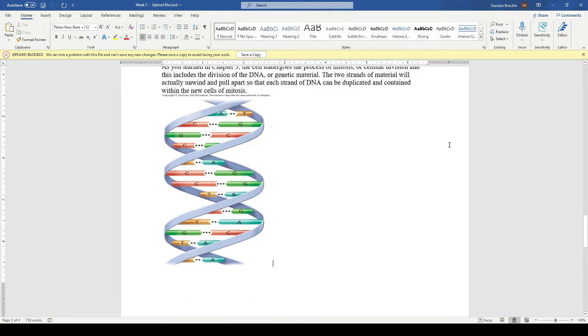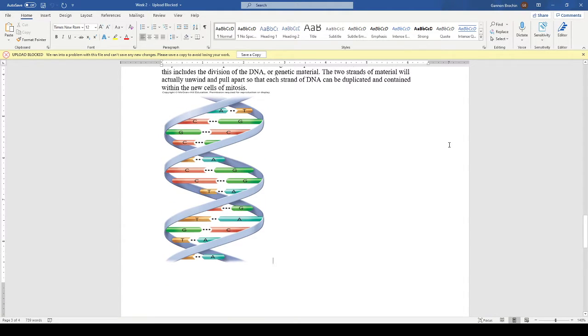Okay. During mitosis, they split apart. RNA replicates them, and then they are sent their own ways, and then they reattach with the complementary strand. All right.